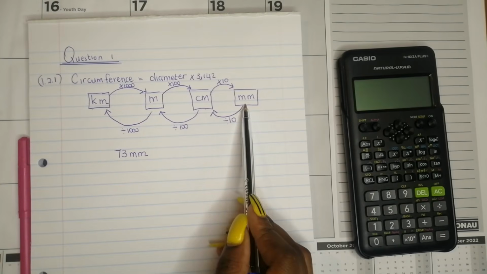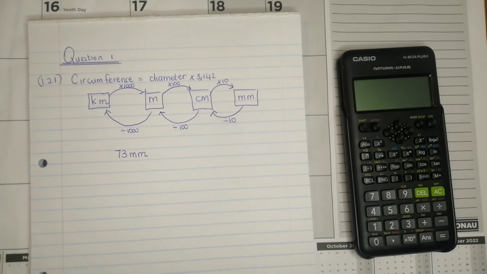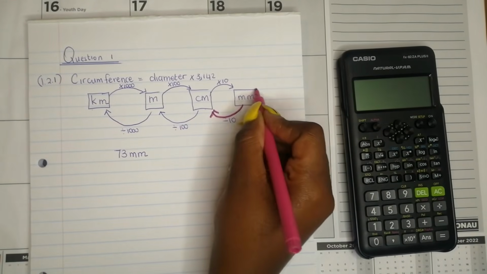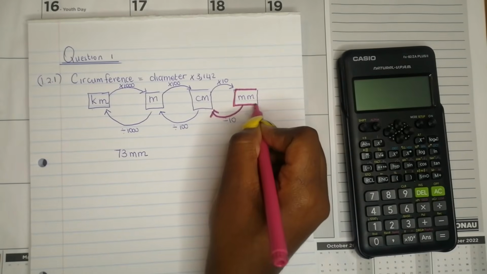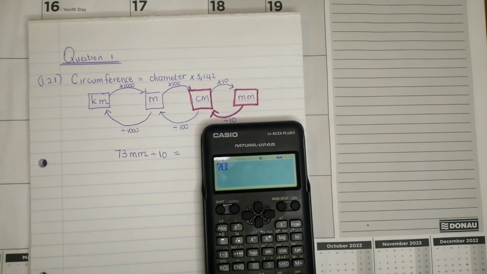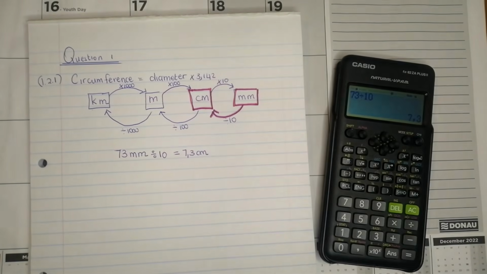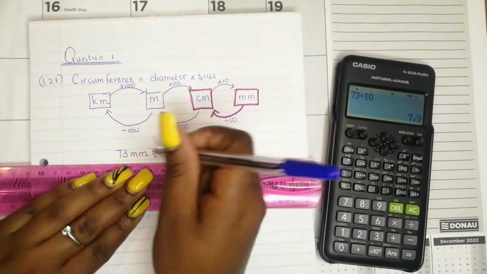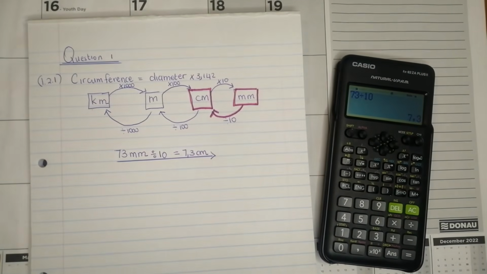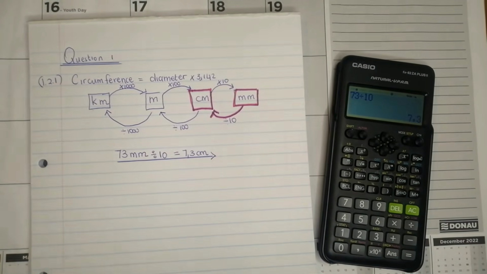Moving from millimeters to centimeters, we need to divide by 10. 73 divided by 10 is going to give you 7.3 centimeters. Okay, so we've converted the millimeters into centimeters, and we are ready to get started with calculating our circumference, right?